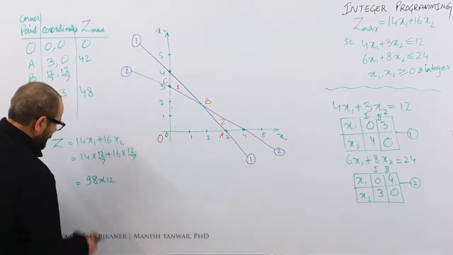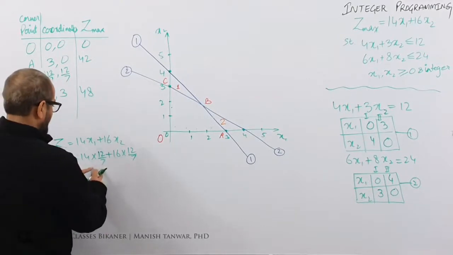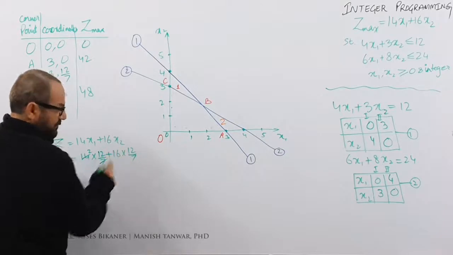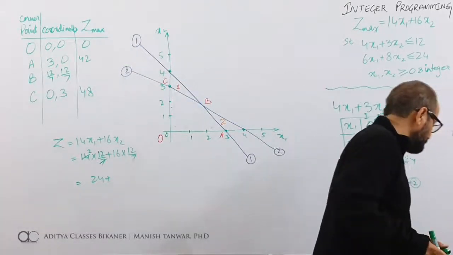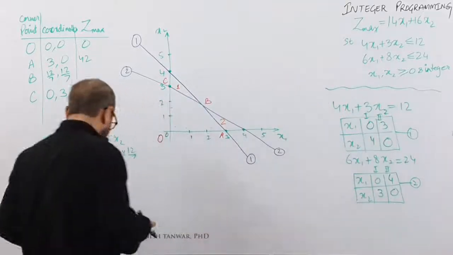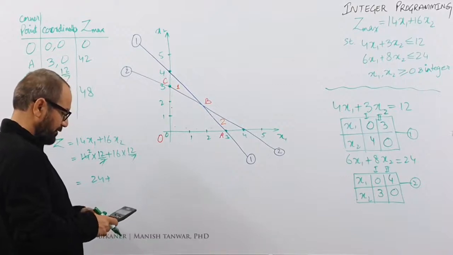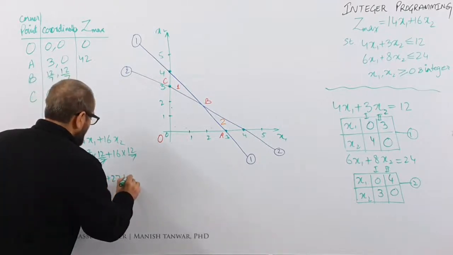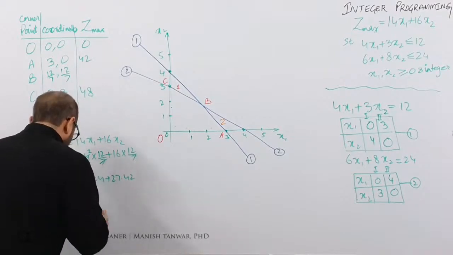Sorry, this we can cancel. 2, 12 2s are 24, plus we'll be needing a calculator for this. Okay, here it is. 16 multiplied by 12 divided by 7 is 27.42. 27.42 plus 24, giving me 51.42.